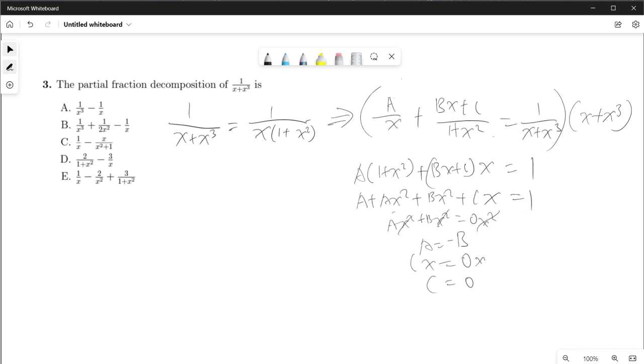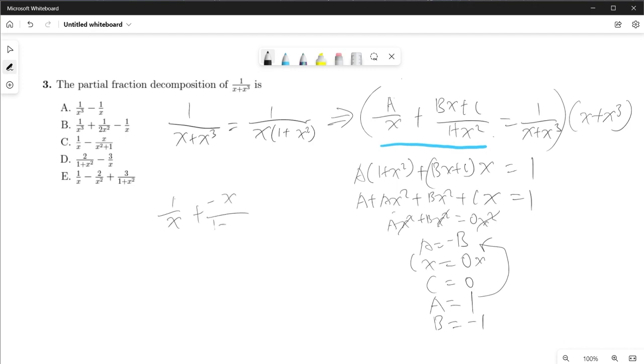And then I'll have A equal to 1, therefore plug into here, B equals negative 1. So we can plug A and B back to here. So we will have 1 over x plus negative x over 1 plus x squared, which is the same thing as C.